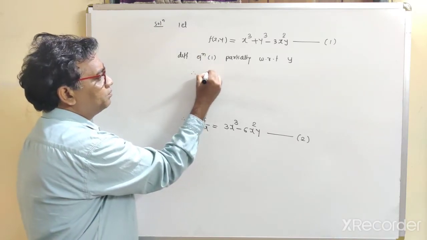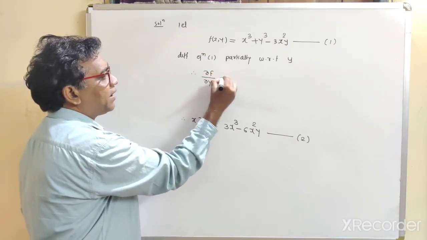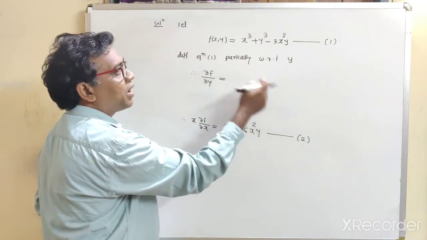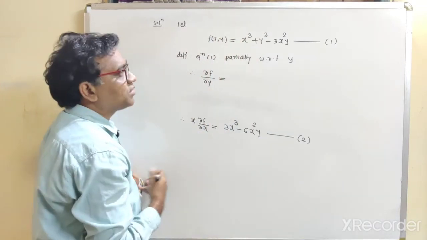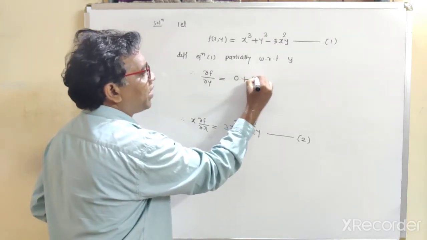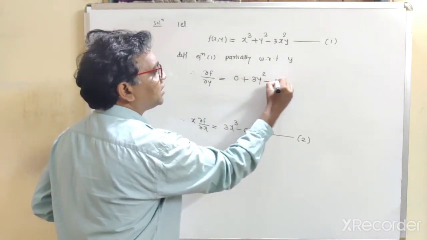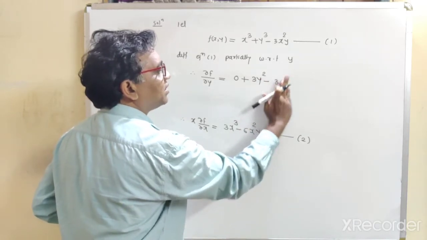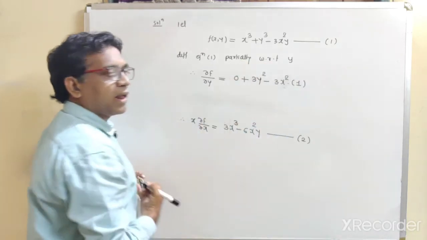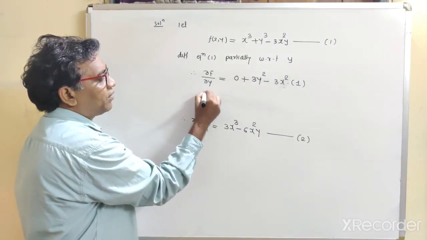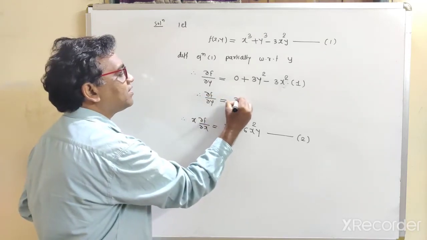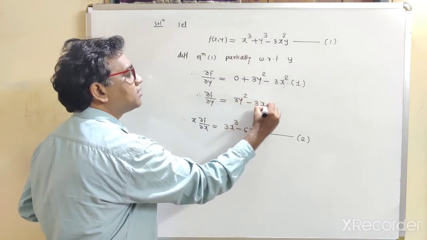So del f by del y is equal to: derivative of x cubed is 0. Derivative of y cubed is 3y square, minus 3, this is constant, x square, this is a constant term, and derivative of y is 1. Therefore, del f by del y is equal to, simplifying, 3y square minus 3x square.